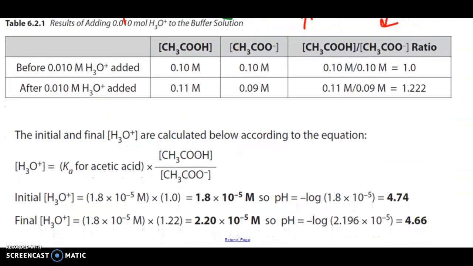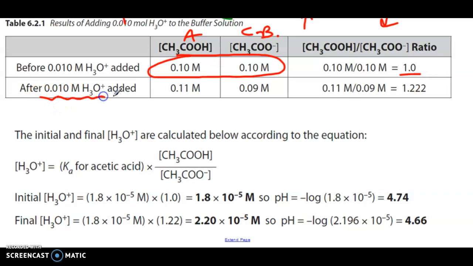So over here, this is showing you an example. Here we have our original concentrations of our buffer. Notice we have the acid and our conjugate base in equal quantities. So that ratio we were talking about on the slide before is a ratio of 1.